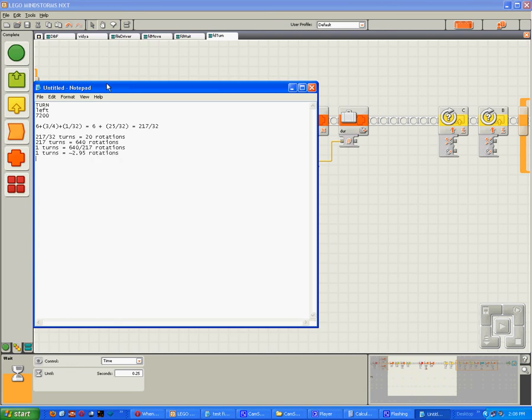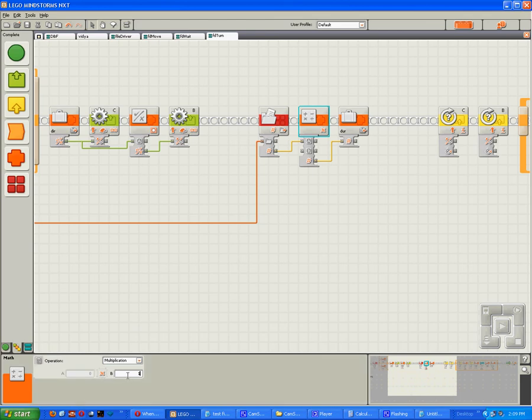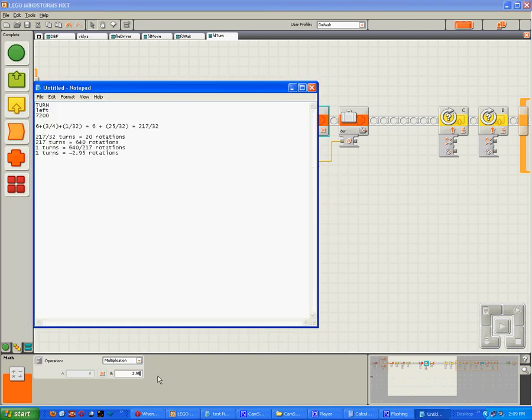So I went ahead and I changed this number here from 1 to 2.95. And I went ahead and I tried that on my robot. And this time, instead of going around 6 3/4 and a little tiny bit more, it went around 19.75 times.